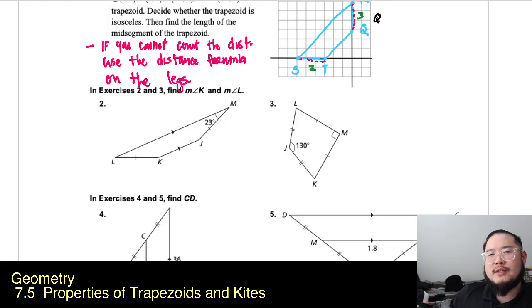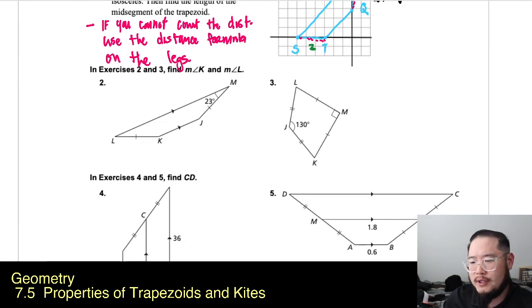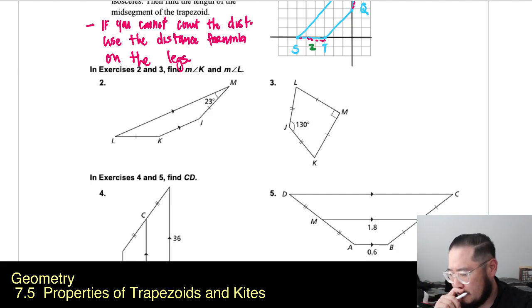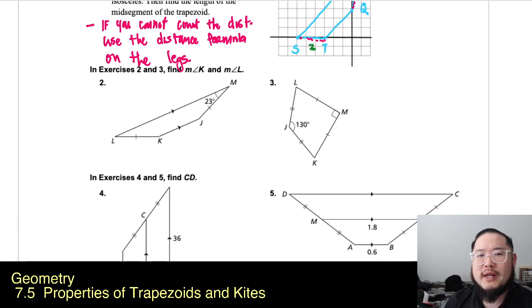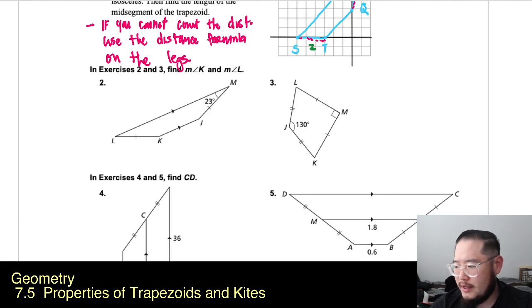So let's go ahead and move on next to number 2. It says let's find the measure of angle K and angle L. All right, so let's see. Looks like I have an isosceles trapezoid here. I've got two legs that are congruent, and the bases are parallel. So what I can go ahead and do right here is say this angle M should be congruent to angle L. Base angles are congruent.